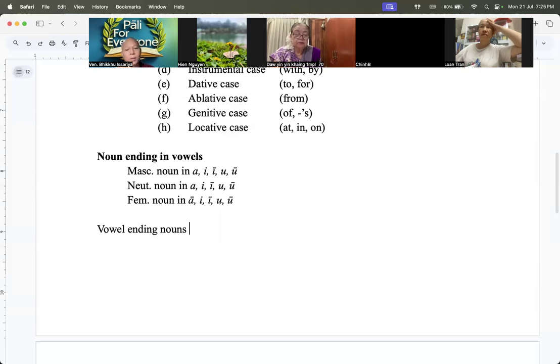Nouns, masculine gender, at the time, nominative case. Those vowel endings here, masculine gender.